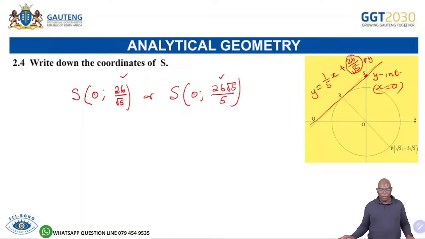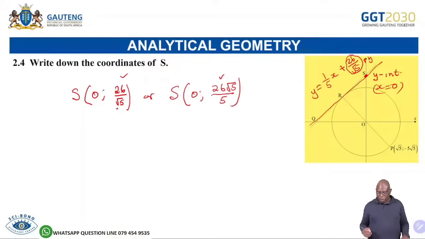So don't worry about that. The calculator has done what we call rationalizing the denominator. You want to make the denominator a rational number rather than an irrational number. So the calculator is very smart. It does these things for you.